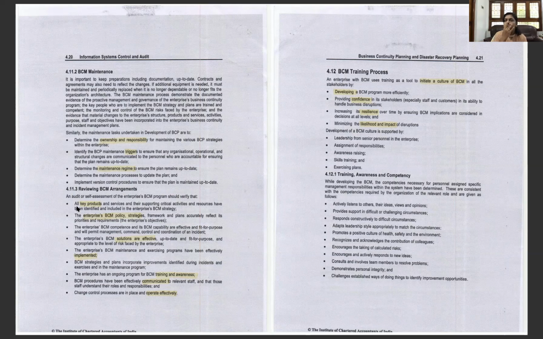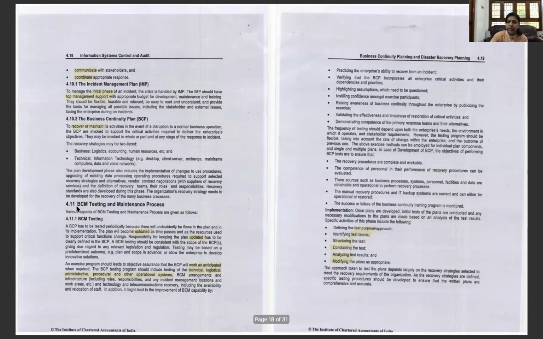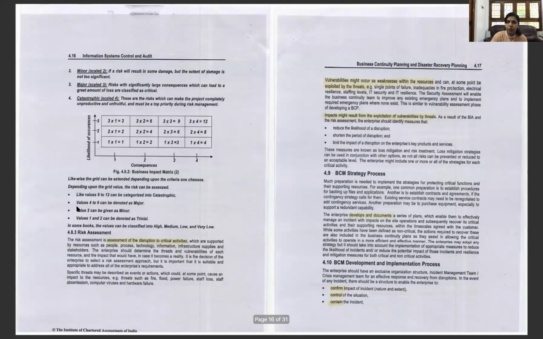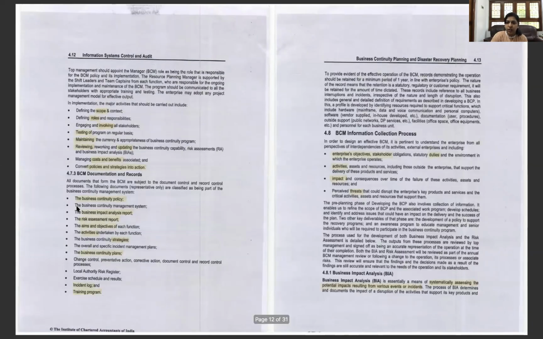So first, let's come back to page number 4.13, the information collection process. First, we studied the objectives of the enterprises, then the activities, then the threats and the impact. So the objectives, activities, threats, and the impact.